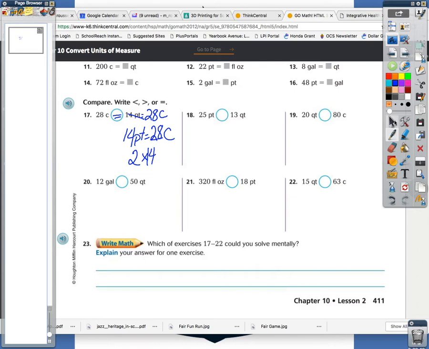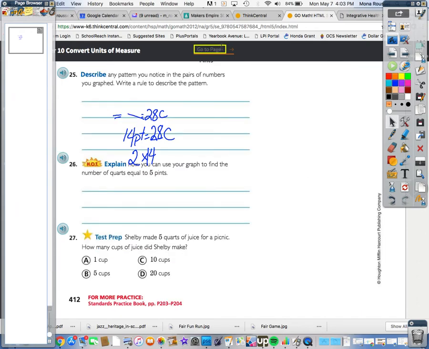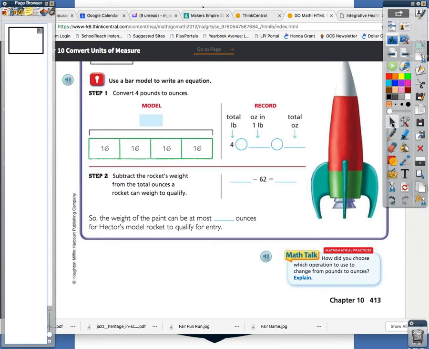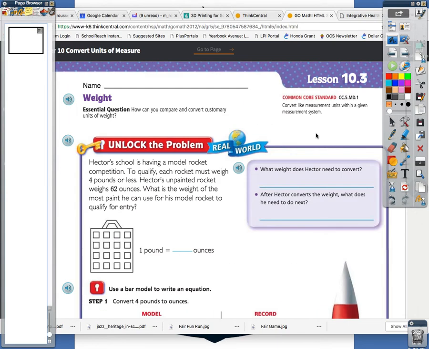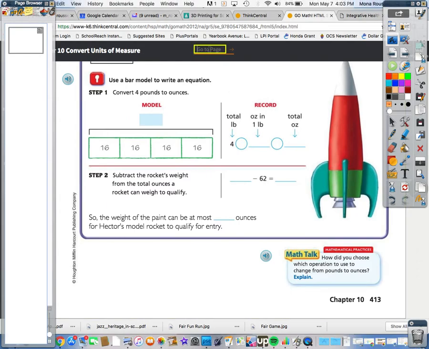When we are converting units of weight, we're going to use the same rules we've been using. It's just, again, we're going to have different data to use in our table. Let's pull that up. Let's go one more page over.